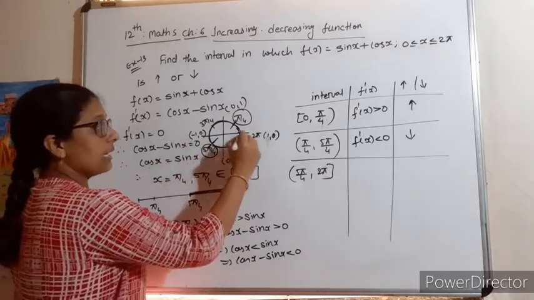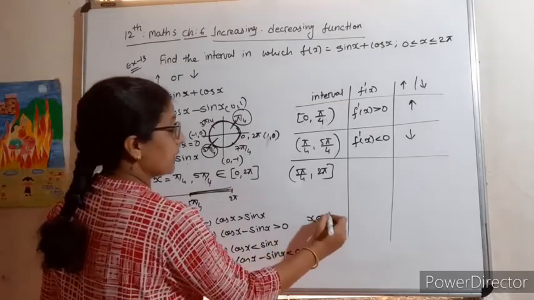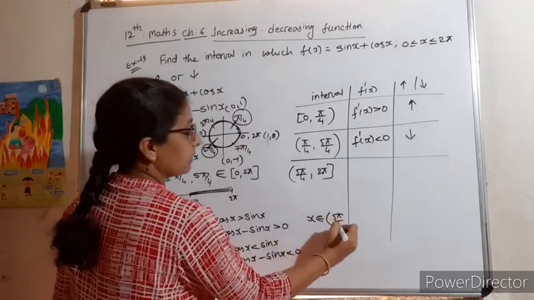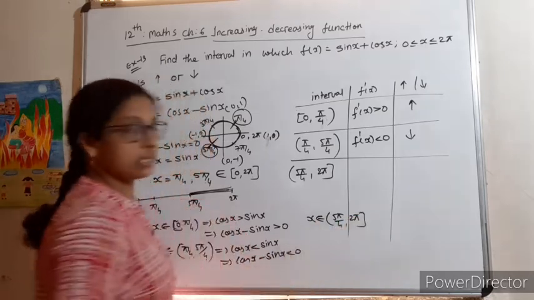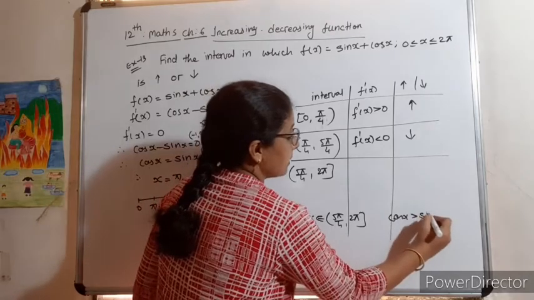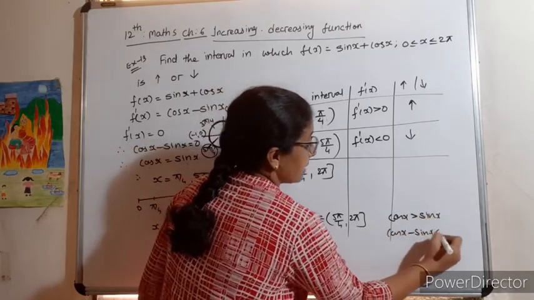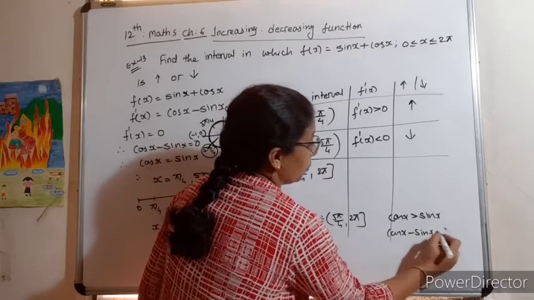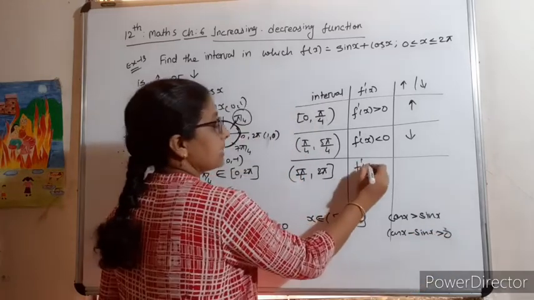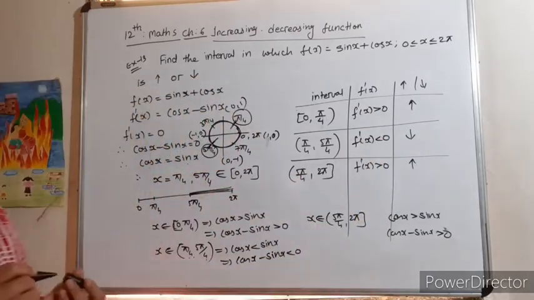In this whole area, x belongs to the open interval 5 pi by 4 to the closed interval 2 pi. Cos x is greater than sin x. Cos x minus sin x is greater than 0. So we can say f dash x is greater than 0 and therefore again it is increasing.